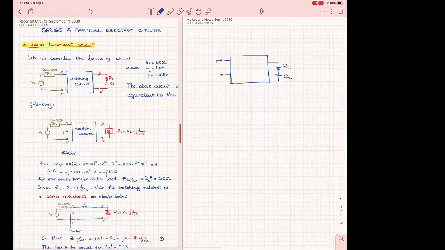The source has an internal impedance, which I simplified here to be 50 ohms, and it's a source that has a voltage, Vs. And they said, okay, now we want you to create a matching network which is going to send the maximum power to the load.